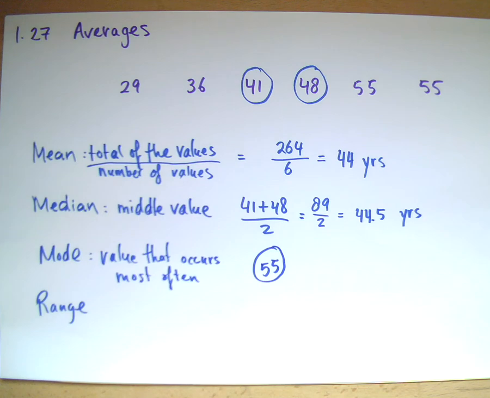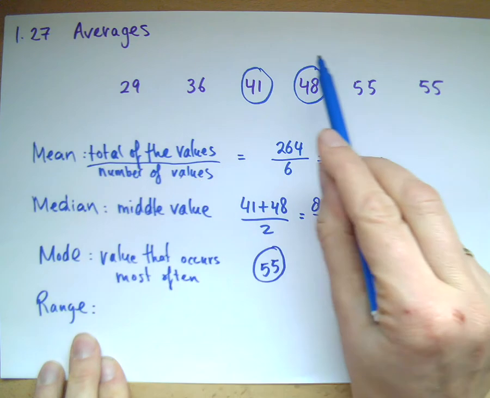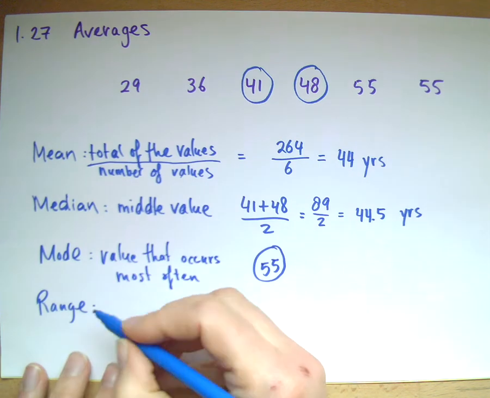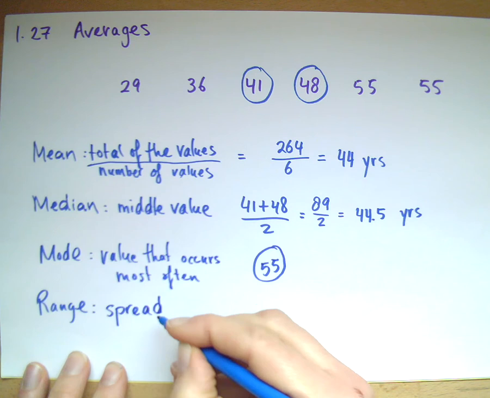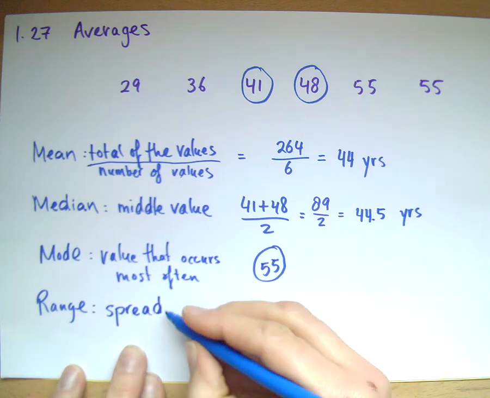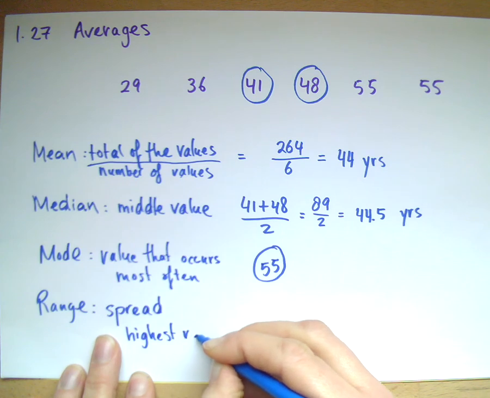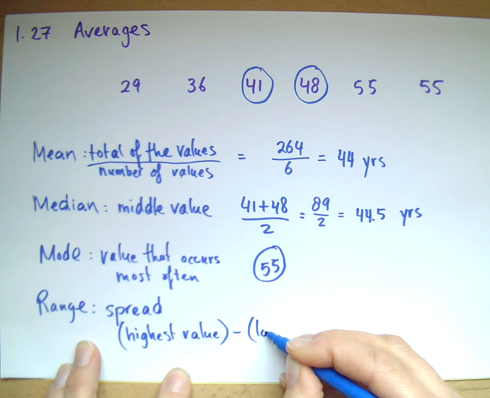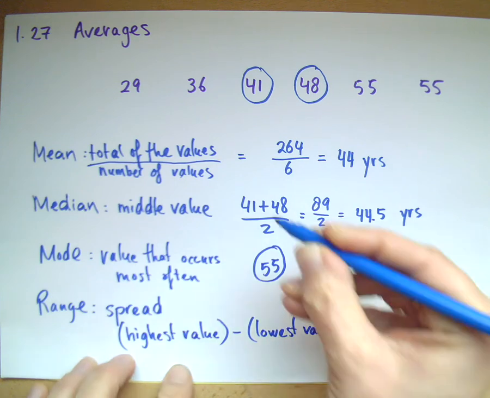Then I could ask, what is the range of the values? What is the range in age? Range is a measure of spread, and it's found by taking the highest value and subtracting the lowest value. And with value, I mean age.